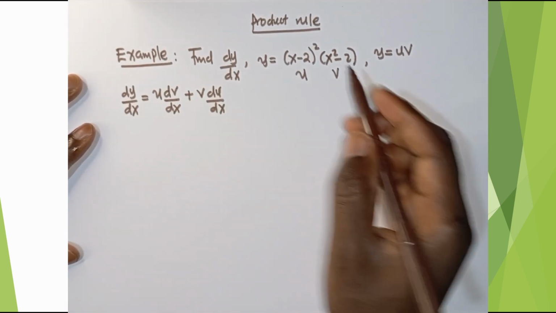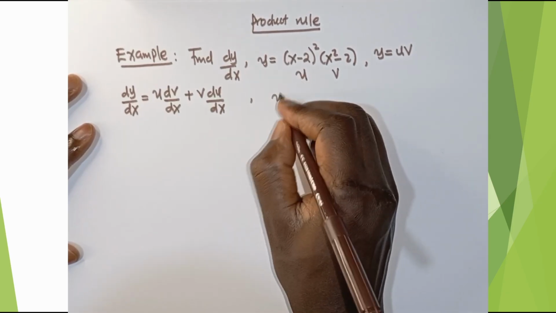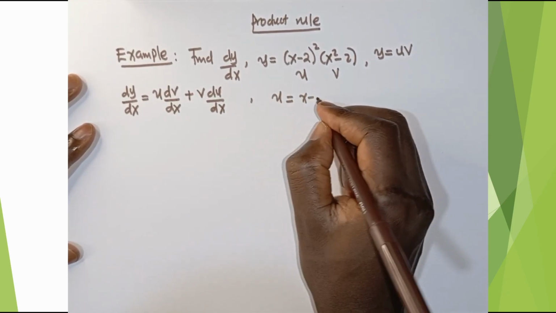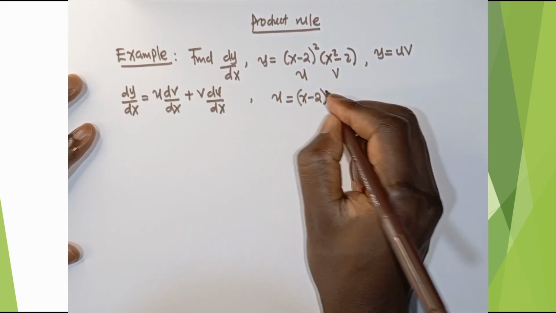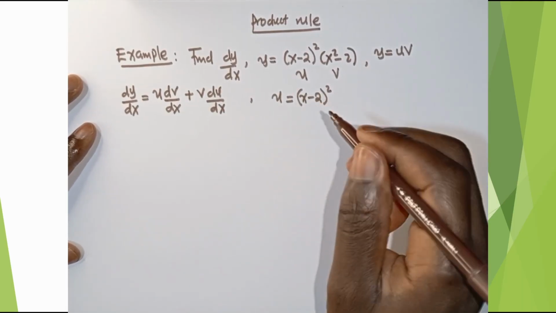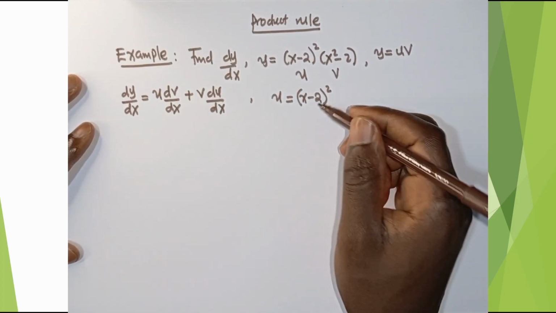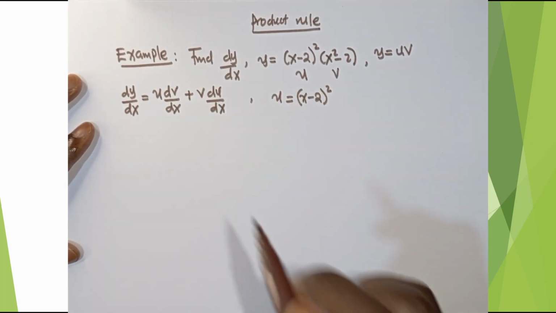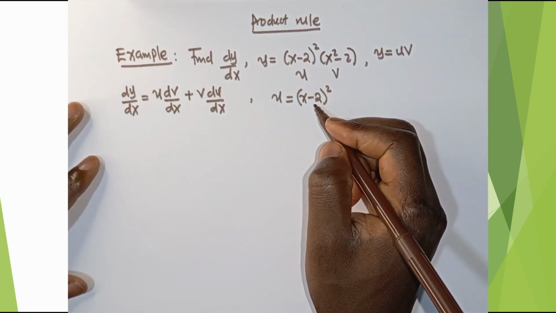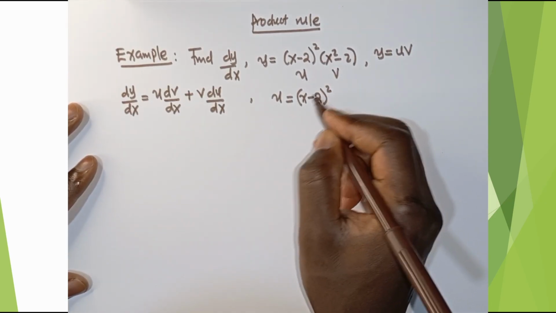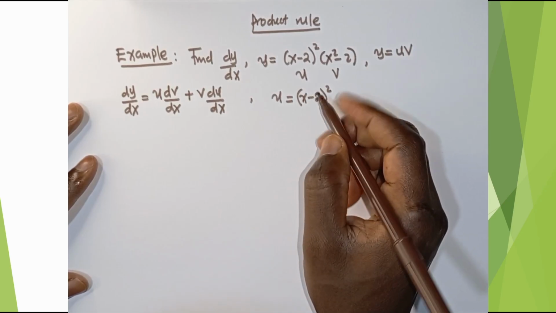Meaning you need dv dx, you need du dx. Now here your u is (x minus 2) squared. Do you remember the chain rule simplified? Those who have not yet seen that video, I'm going to link it in the description. This is where it helps you.